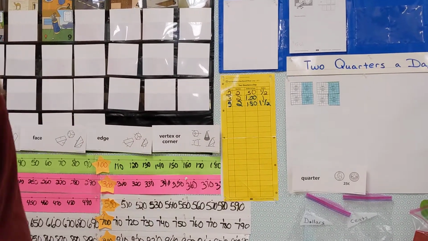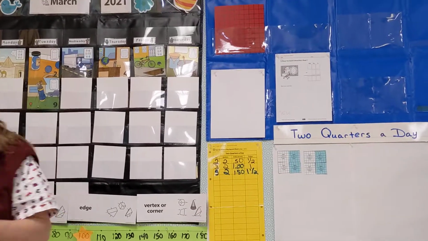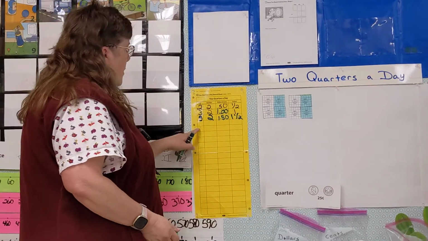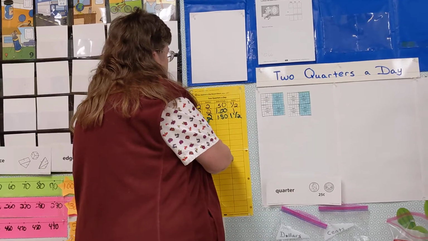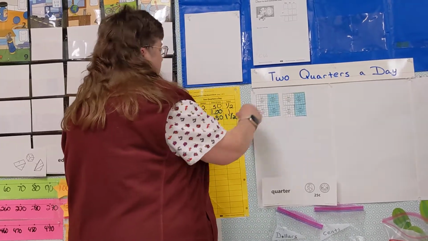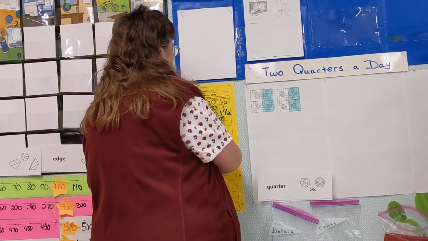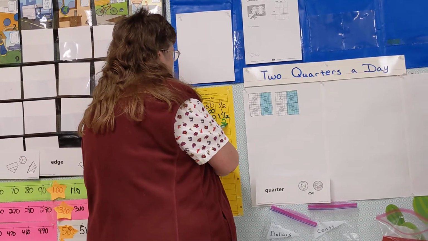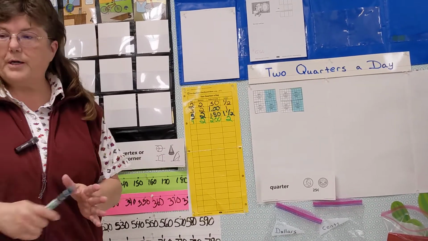Sorry, you guys. I'll use the green one. Okay, so on day 9, we added 2 more quarters, and that gave us $2. And we have $2. Okay, I think we're good with that.